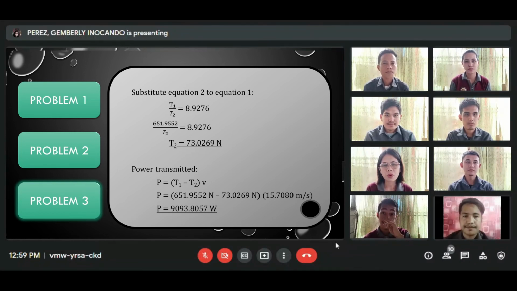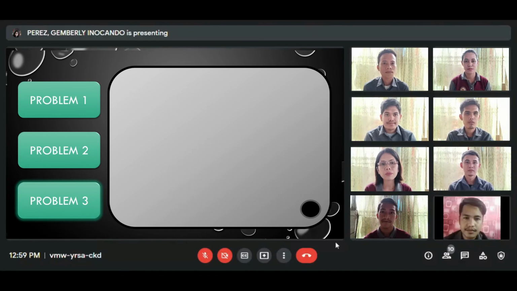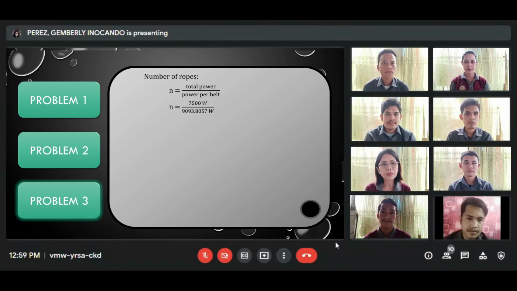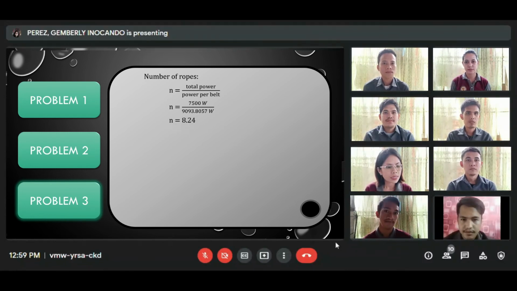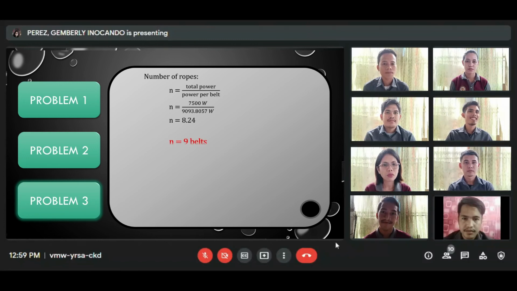To get the number of ropes, take the total power over the power per belt. The total power is 75,000 watts over the power per belt, which is 9,993.8057 watts. So our number of ropes would be 8.24. Since we are talking about belts, we round it off to a whole number, so the number of ropes will be 9 belts.